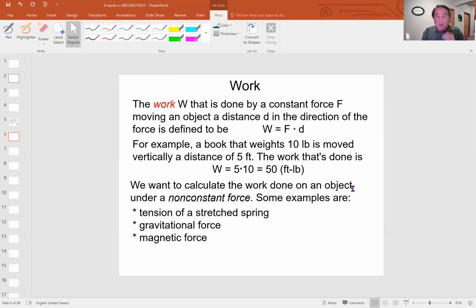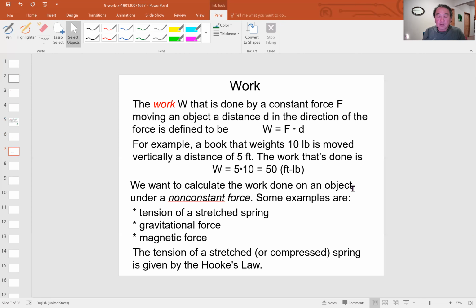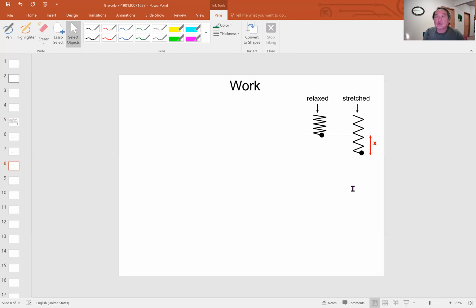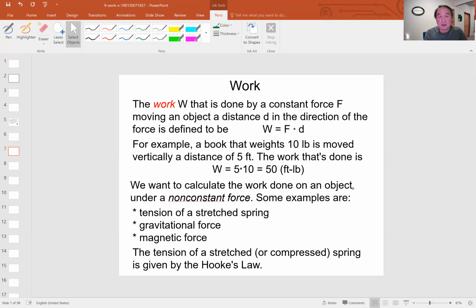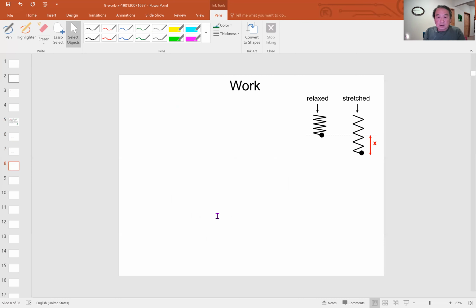In particular, one type of force whose rules we know is the force in relation to a spring. By the way, the relation between a spring and the force as it stretches is a linear formula. Gravitational force between large bodies is a second degree force. Let's go back to the spring.